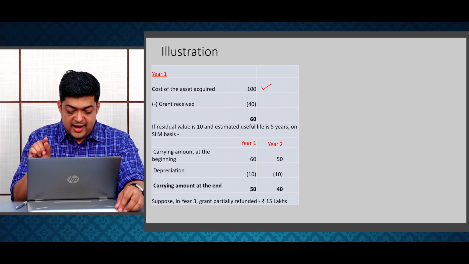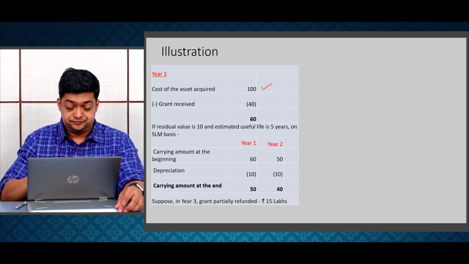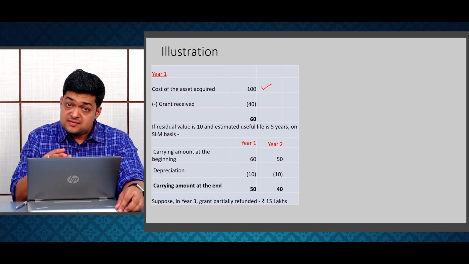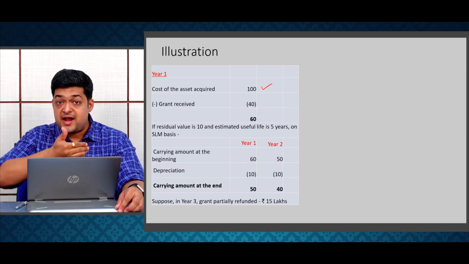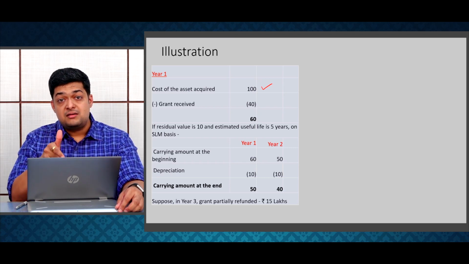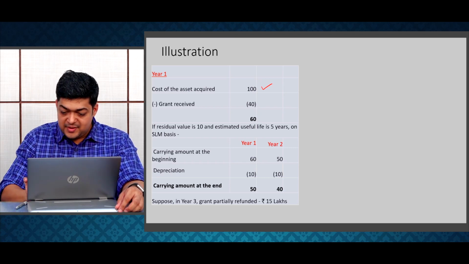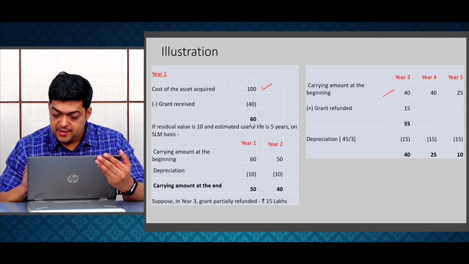See this, at the end of year 2, your carrying amount is 40. 15 is refunded. Since earlier when the grant was received, I reduced it from the book value, now the refund I will debit to the carrying amount of the asset. So now your carrying amount becomes 40 plus 15, so it becomes 55.